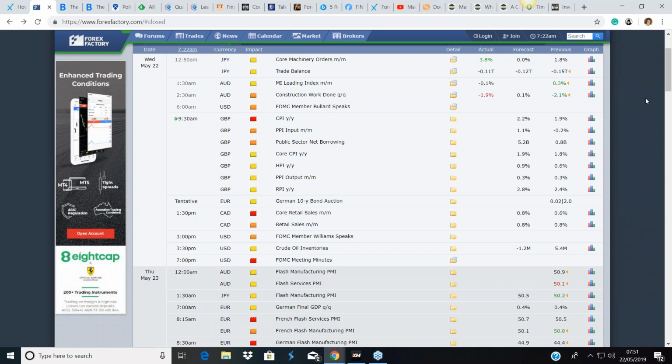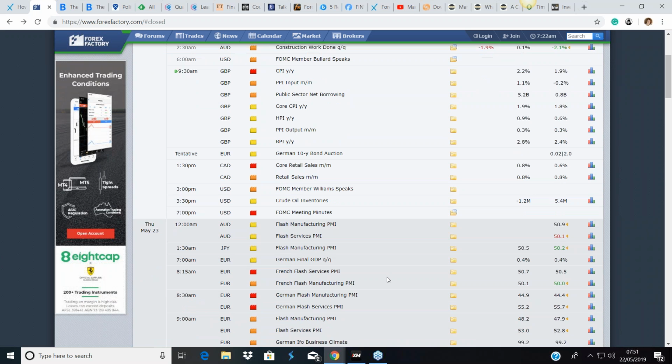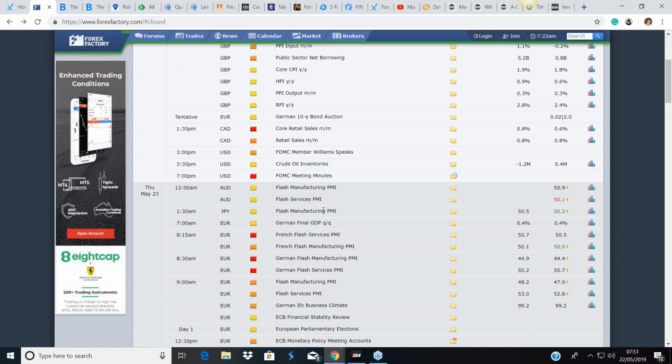So just compare them like with like and see how they rank. I mean, you look at tomorrow, for example, we've got flash manufacturing PMI data overnight for the Aussie. Well, again, they've ranked it as yellow. It's important stuff, and yet you move into Europe and they rank it with a much higher ranking.